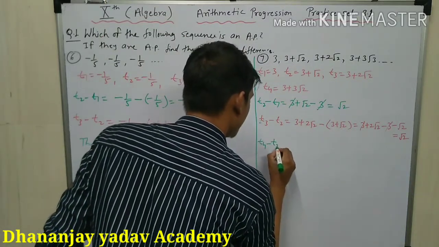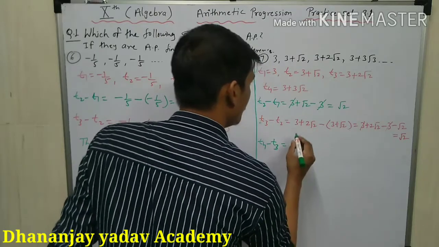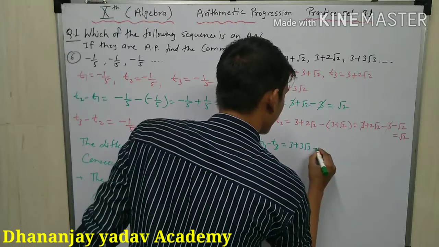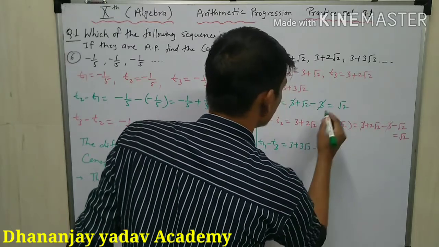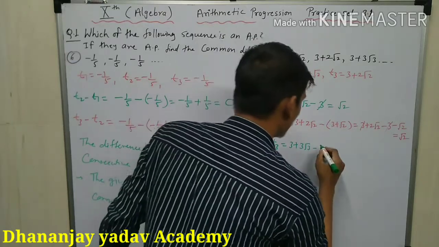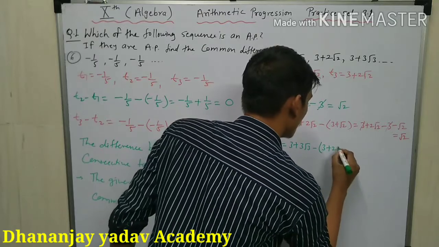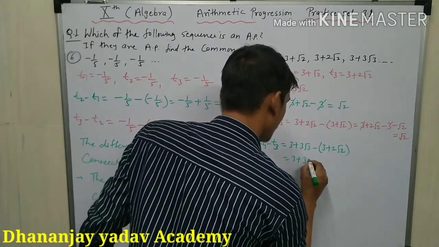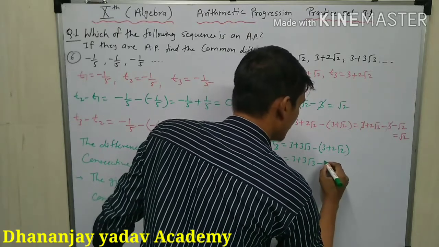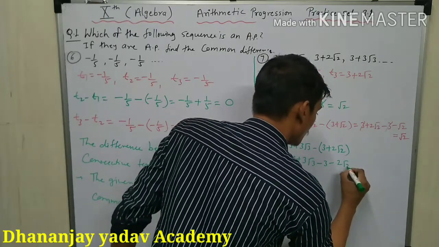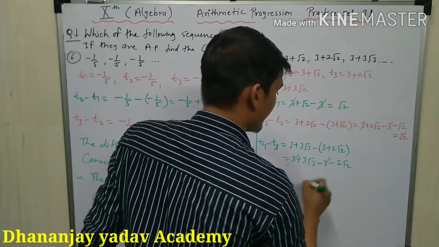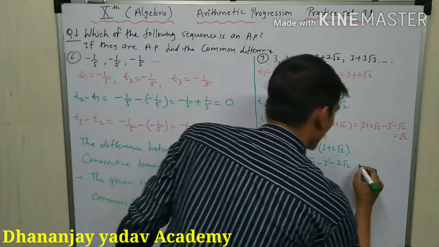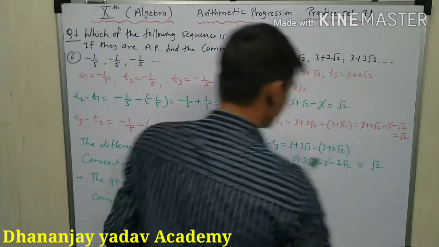Now T4 minus T3 is equal to, T4 is what? 3 plus 3 root 2 minus T3, which is 3 plus 2 root 2. How to solve? 3 plus 3 root 2, bracket open, minus 3 minus 2 root 2. The 3 cancels. Now 3 root 2 minus 2 root 2 is equal to what? Root 2.